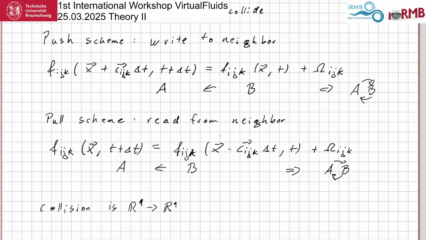Say you have a Navier-Stokes solver with finite differences, or in any other way. You would update, for example, one velocity component, and this velocity component would depend on the velocity of the previous time step here and at your neighbors.